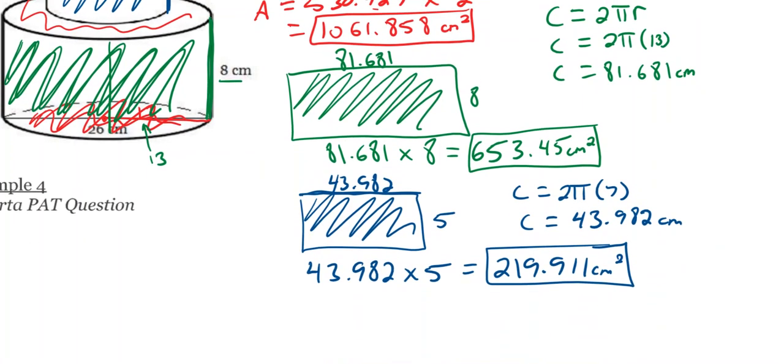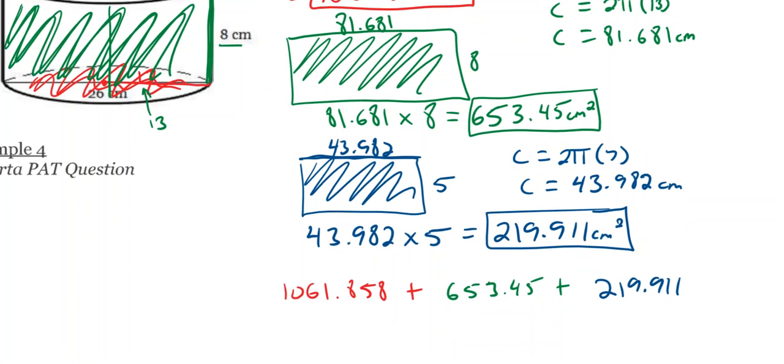So if you add it up, 1061.858 plus 653.45 plus 219.911, we get, well, what do we get?